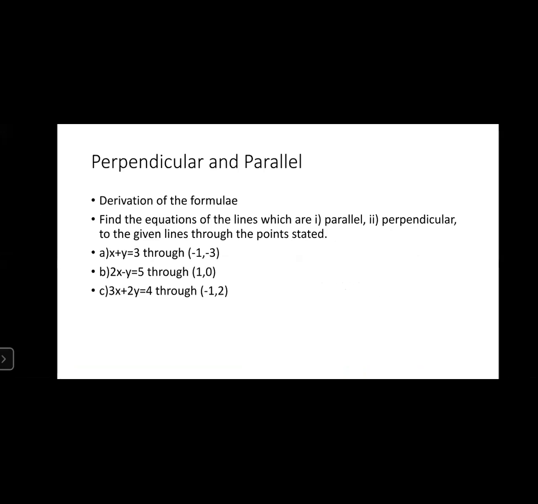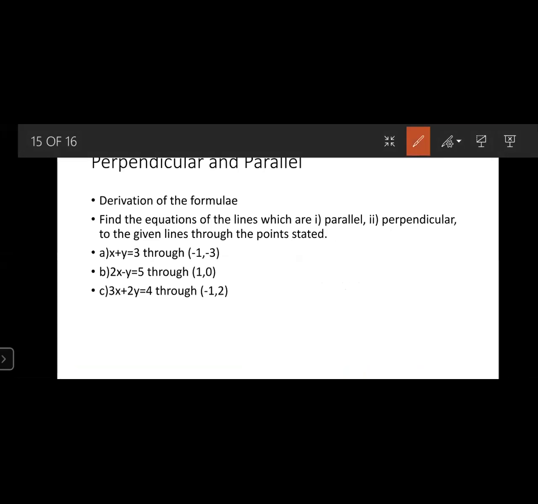Now from what we have derived, what do you mean by perpendicular? When you say two lines are perpendicular, it means they form something of this nature. We have 90 degrees. That's perpendicularity. So the angle between them is 90 degrees. When they are parallel, it means they can't meet.